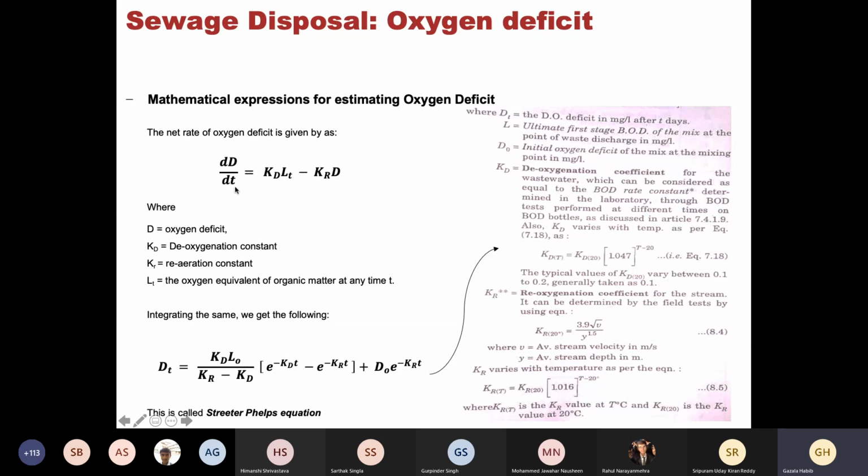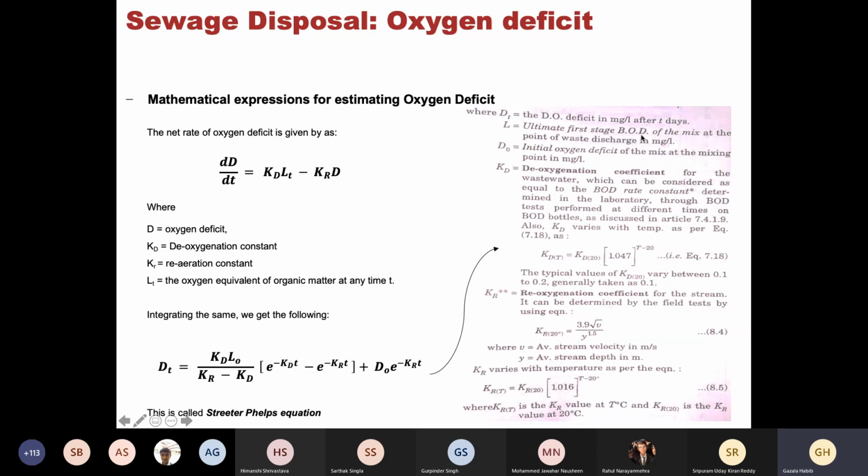If you integrate this equation, then Dt can be given by the formula given here. I'm going through the different terms so it will be clear to you. Dt is the DO deficit in mg per liter after t days. L is the ultimate first-stage BOD.